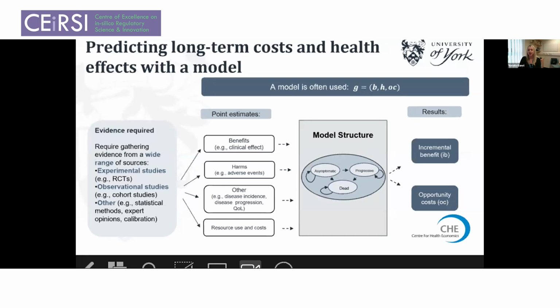In addition to calibration, other sophisticated estimation methods, such as statistical methods, may also be considered if the available data allow for indirect estimation of input parameters of interest. Importantly, the evidence base used to inform many of the model inputs is often weak, leading to high uncertainty.